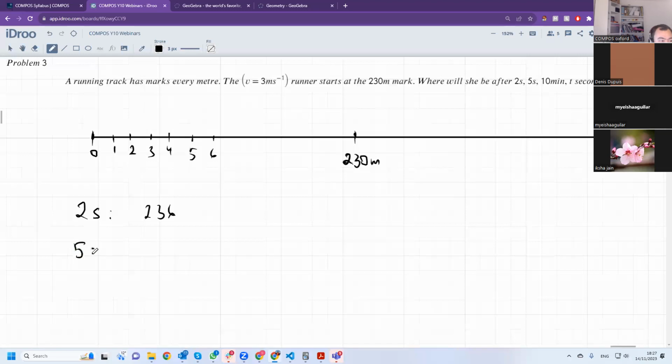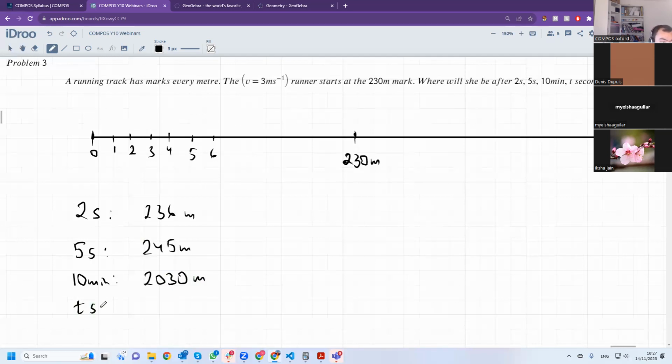After 5 seconds, it would be 245 meters. After 10 minutes, 2030, yes, thank you, meters, at the 2030 mark.